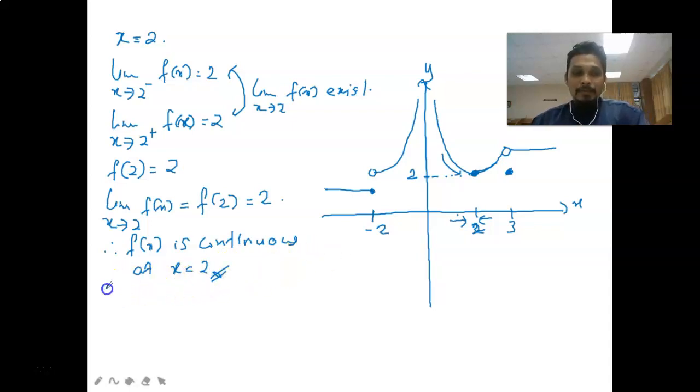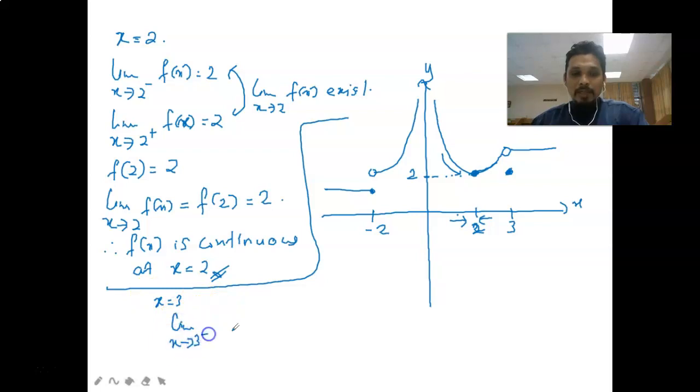Okay, now for x equal to 3, the limit as x approaches 3 from the left, look at this one here now, approaches the value of y, let's say I put here, equal to 3.